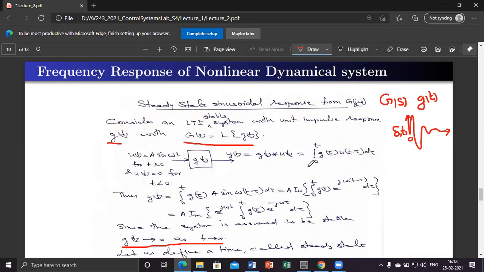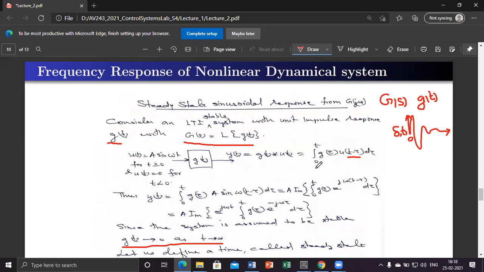We are not using the other convolution, that is minus infinity to plus infinity, because it is not applicable here, because u(t) is 0 for t less than 0. This is a causal system also, and u(t minus tau), when the argument is negative, is 0.